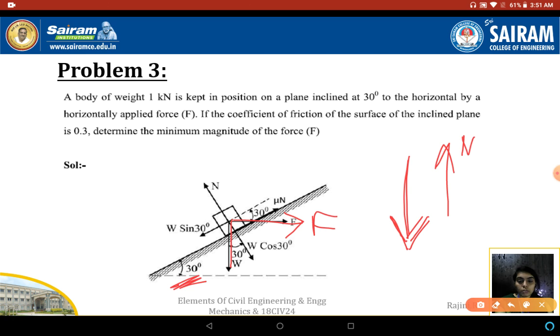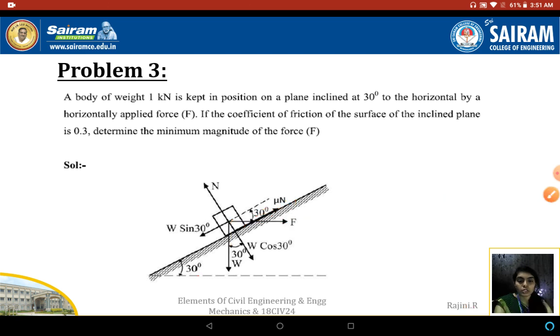Next, the friction force is mu into N. Because of the force, the friction will develop. So the frictional force is equal to mu into R, or R we can also take as N, that is the normal reaction.